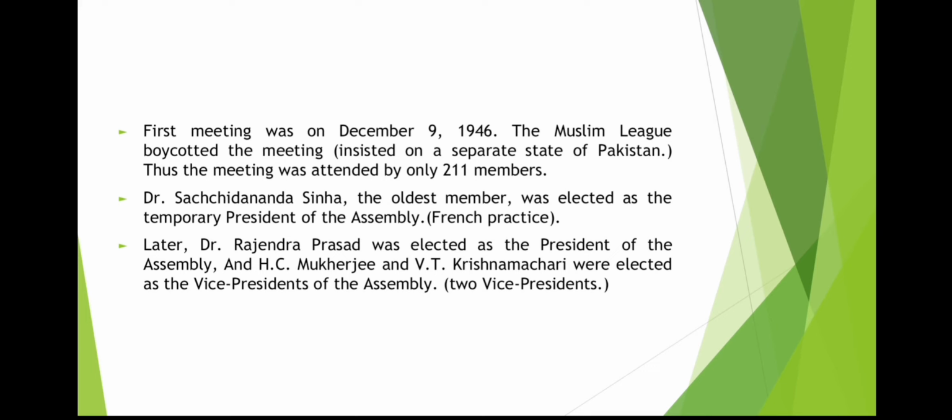Therefore, the meeting was attended by only 211 members, because members of princely states also decided to stay away from the Constituent Assembly. The most important point is that the Muslim League members participated in the process of election, but they boycotted the meeting with the demand of a separate state, that is Pakistan.